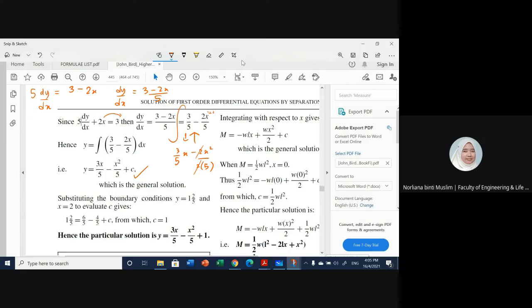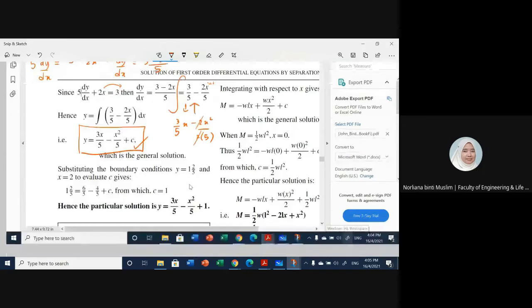And then we have plus constant. When we reach this one, this is the general solution. But the question is asking for the particular solution. So how to find the particular solution? Use the initial value given in the question.